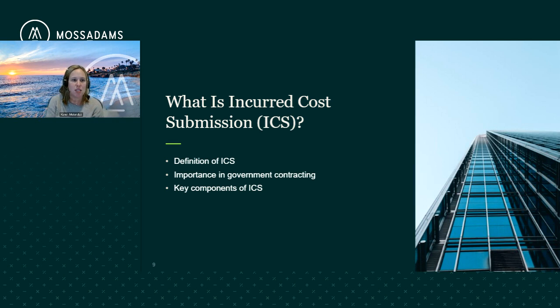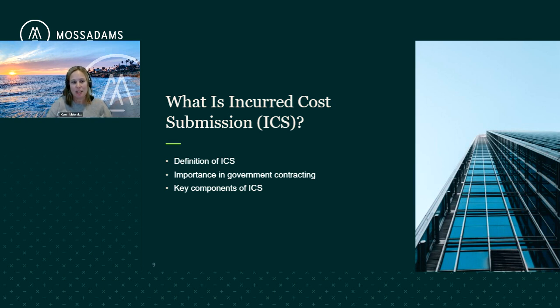Number one, it reconciles costs. It allows contractors to align their actual costs with the estimated costs that they initially proposed on various contracts. Number two, claim reimbursement. Contractors can use the ICS as a tool to seek reimbursement for costs that they've incurred while executing government contracts, specifically if they've billed under the amount of the costs that they've incurred.